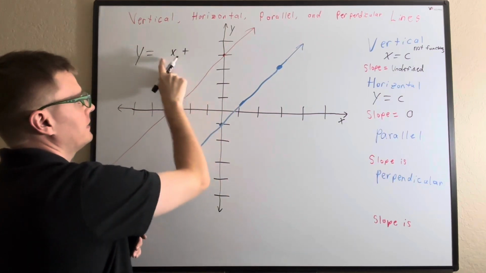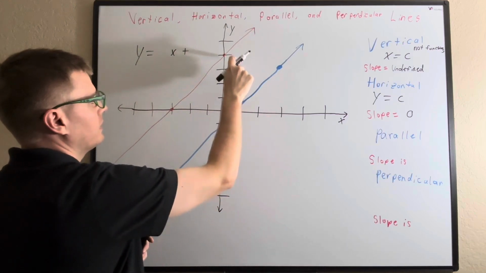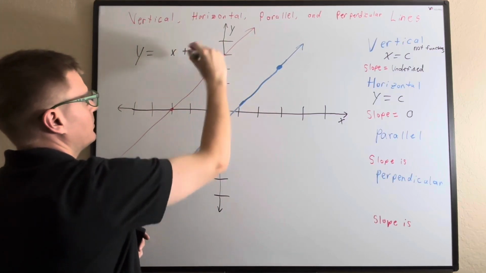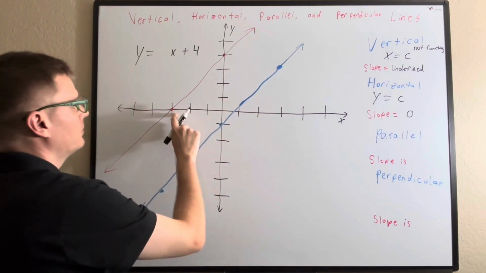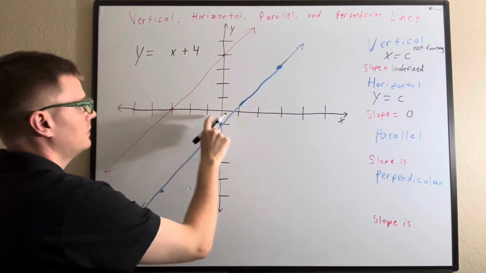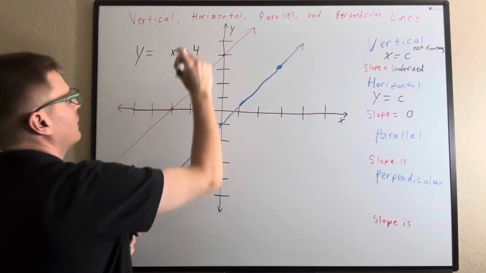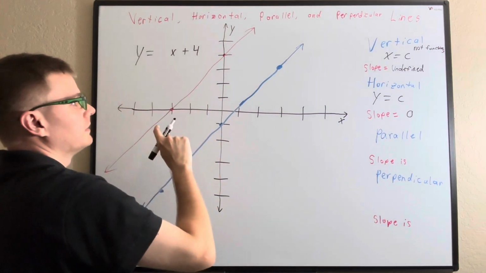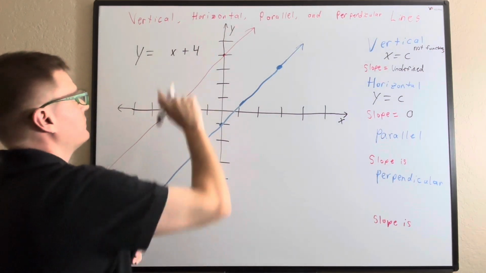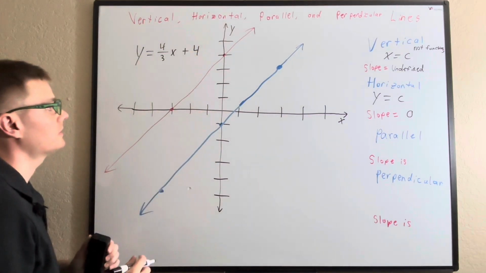What's m and b? My y-intercept is 1, 2, 3, 4. It's at 4, so positive 4. What's the slope? Well, we go over 1, 2, 3. We go up 1, 2, 3, 4. Rise over run. So we went up 4 and over 3. So 4/3 is our slope.